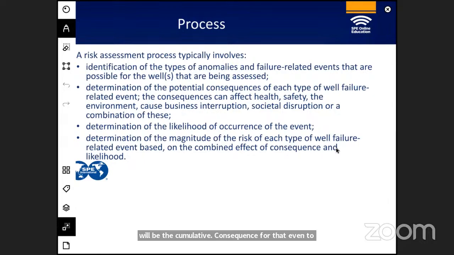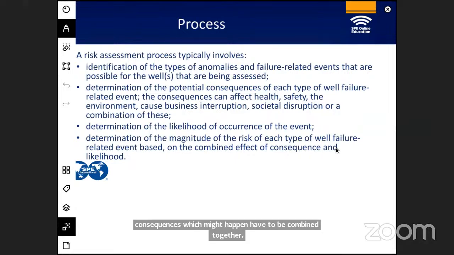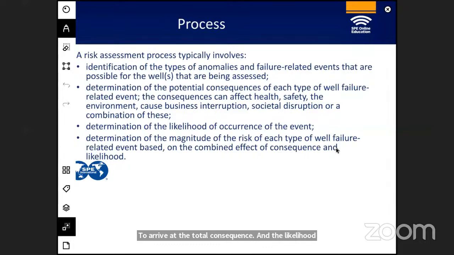And we have to determine the likelihood or the probability of occurrence of that event. Then determination of the magnitude of risk for each type of well failure related event, based on the combined effect of the consequence and likelihood. As I mentioned, all the consequences which might happen have to be combined together to arrive at the total consequence and the likelihood for that particular event. Likelihood is the probability of the event.